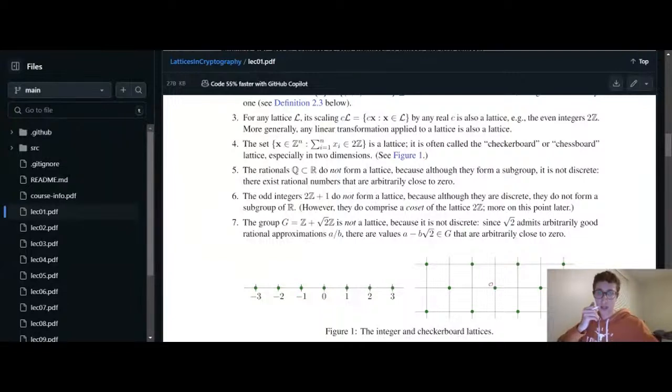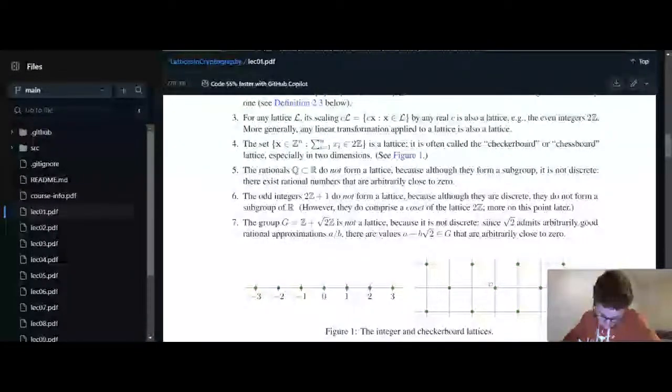So in easy language, this just means the set of every value in an n-dimensional lattice, and we're essentially inputting into this function here.